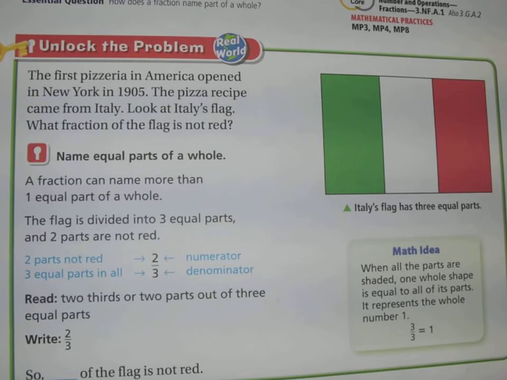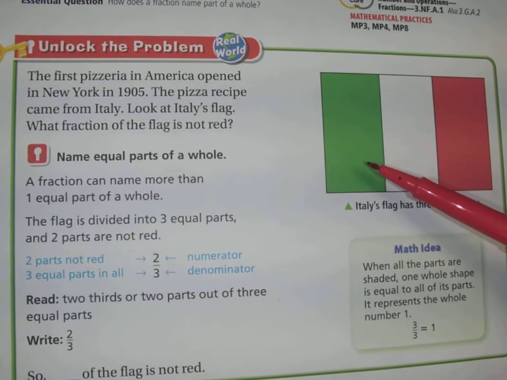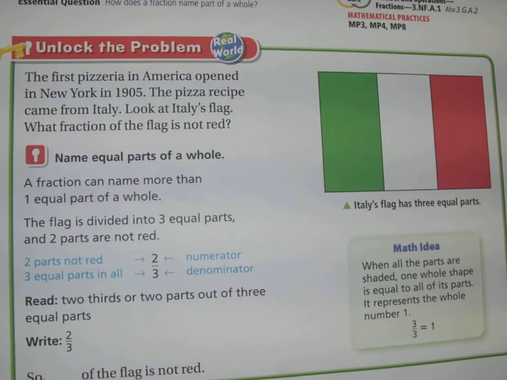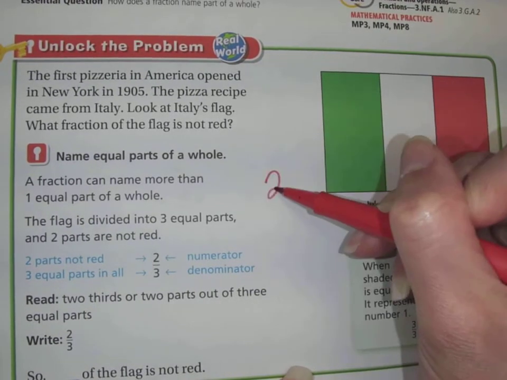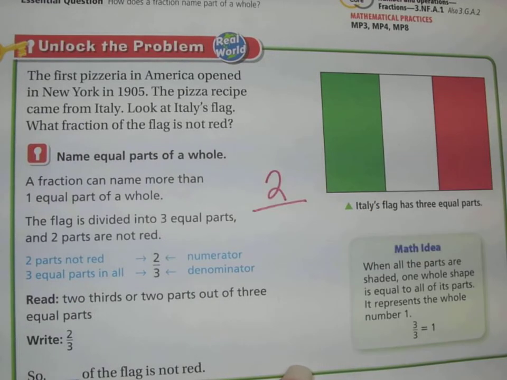The flag, again, is divided into 3 equal parts. Well, there are 2 equal parts that are not red. This green, that's equal, and this white part. To write a fraction of the flag that is not red, well, I already counted there are 1, 2 equal parts that are not red.